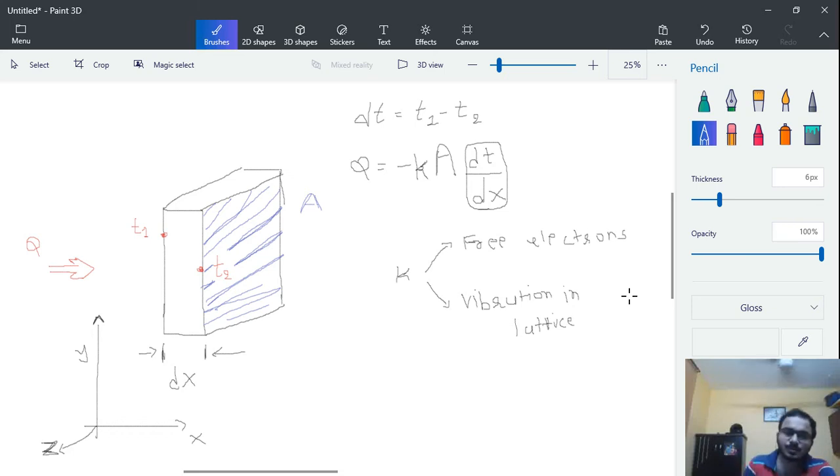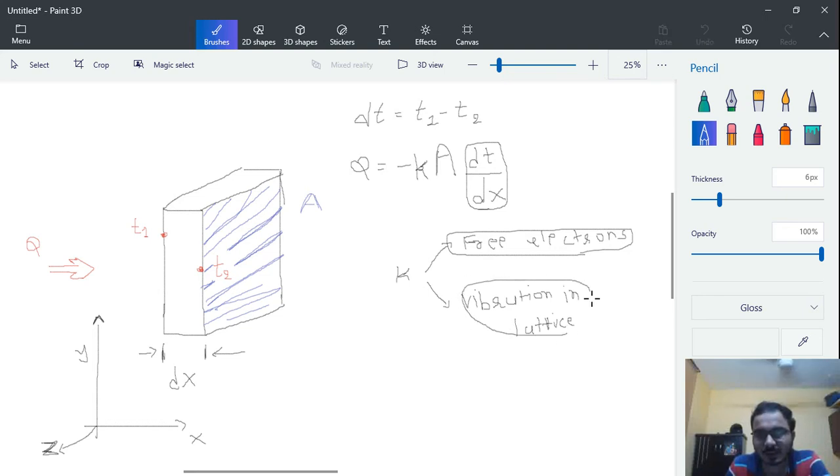Okay, so these are the two reasons. Now in some matter this will be dominating and in other matter that will be dominating. So one of them will be dominating towards the thermal conductivity of the matter.